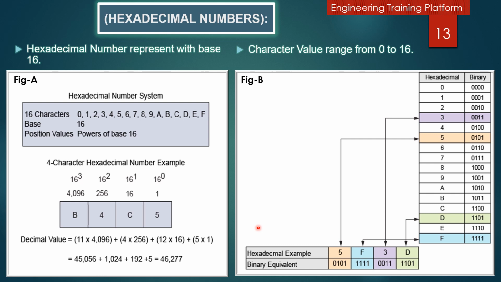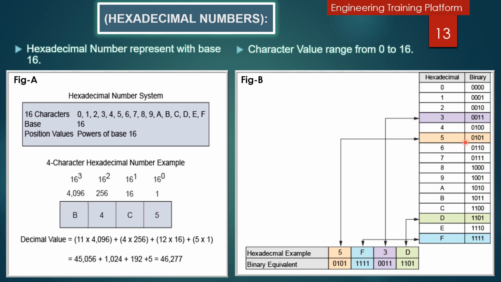If you know the equivalent binary number for each of the hexadecimal characters 0 through F, you can easily convert a hexadecimal number of any length to the equivalent binary number. Here is an example, the hexadecimal number 5F3D.